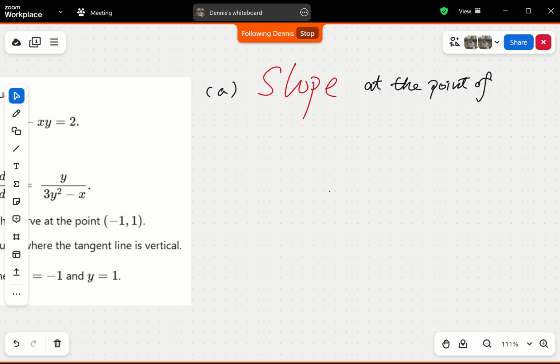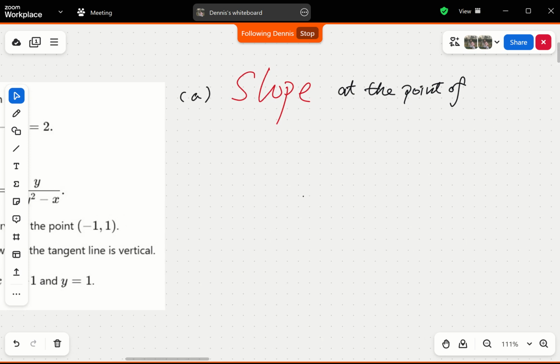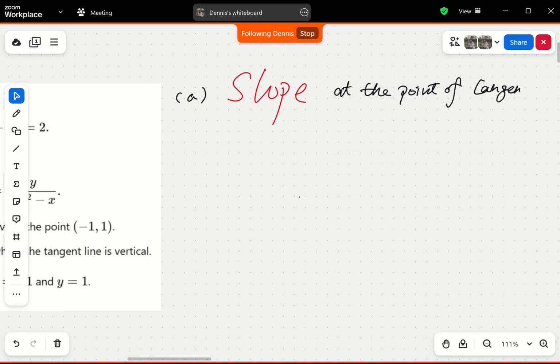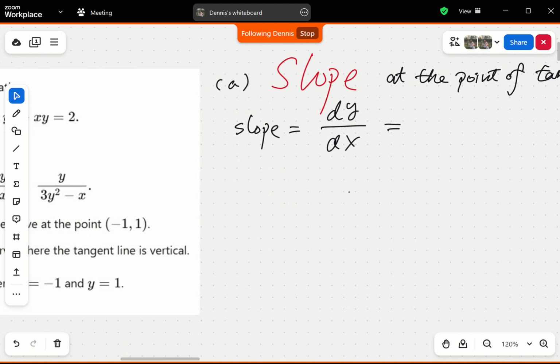You should know that the slope is equal to the derivative of y with respect to x, which has already been given by the problem, y / (3y^2 - x).